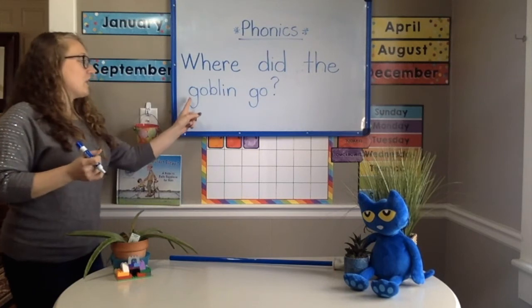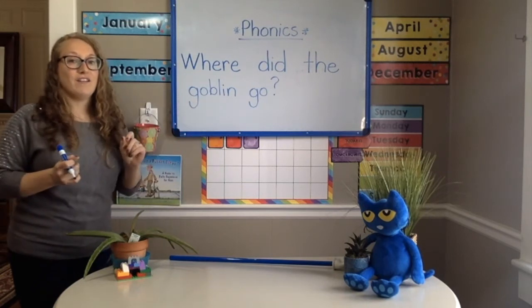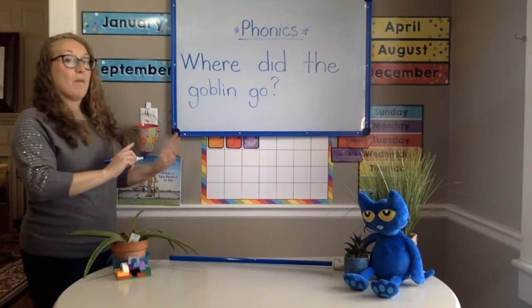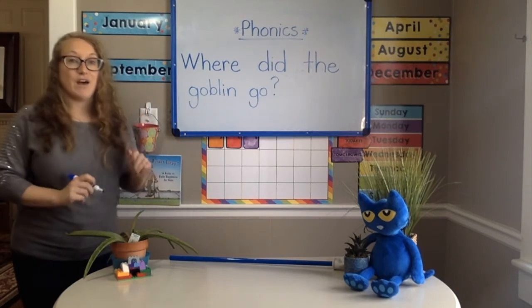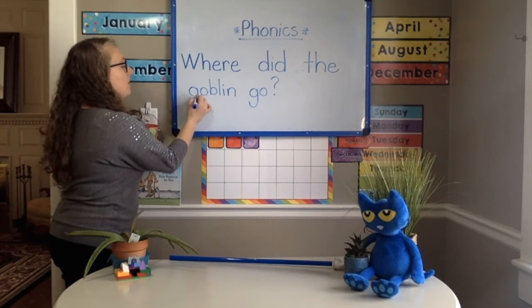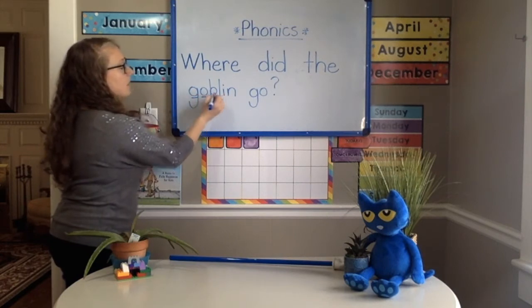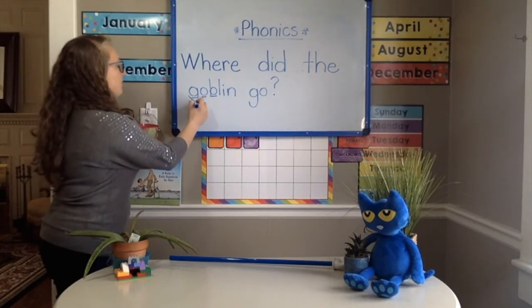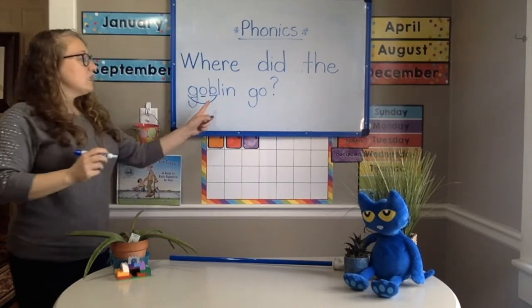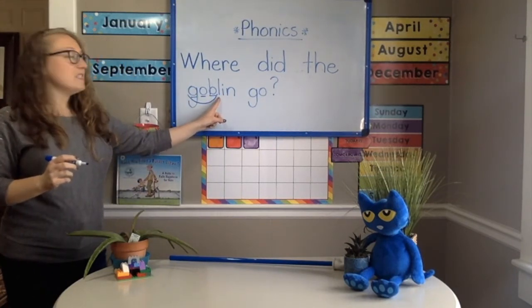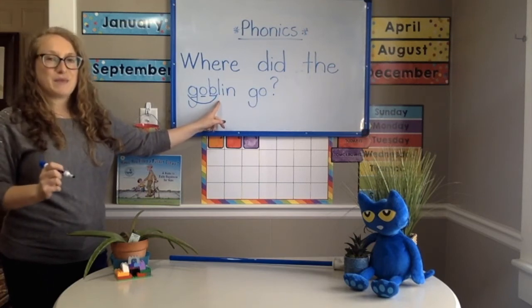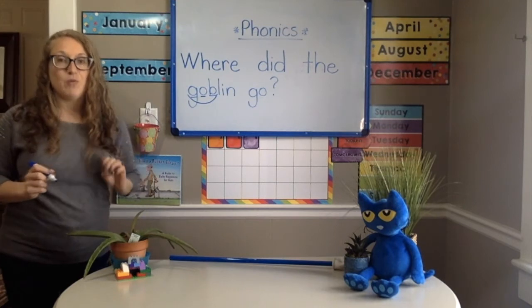So, does it start with a consonant or a vowel? Starts with a consonant. I'm going to underline my first 3 sounds. Here we go. G, A, B. Those are my first 3 sounds. I'm going to scoop them together. For my next part, does this start with a consonant or a vowel? Starts with a consonant, so I should have 3 more sounds.